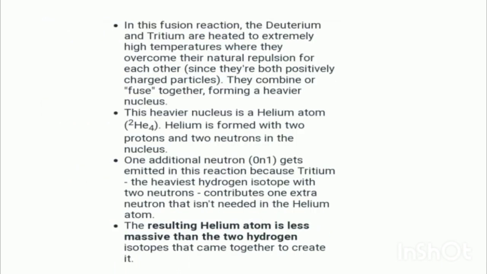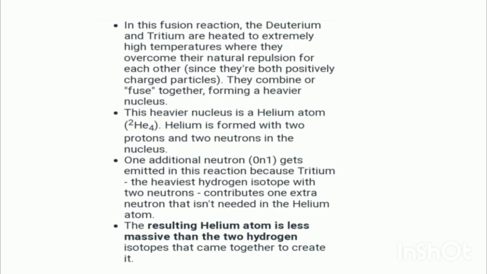In this fusion reaction, the deuterium and tritium are heated to extremely high temperature where they overcome their natural repulsion for each other. They combine or fuse together, forming a heavier nucleus. This heavier nucleus is a helium atom.